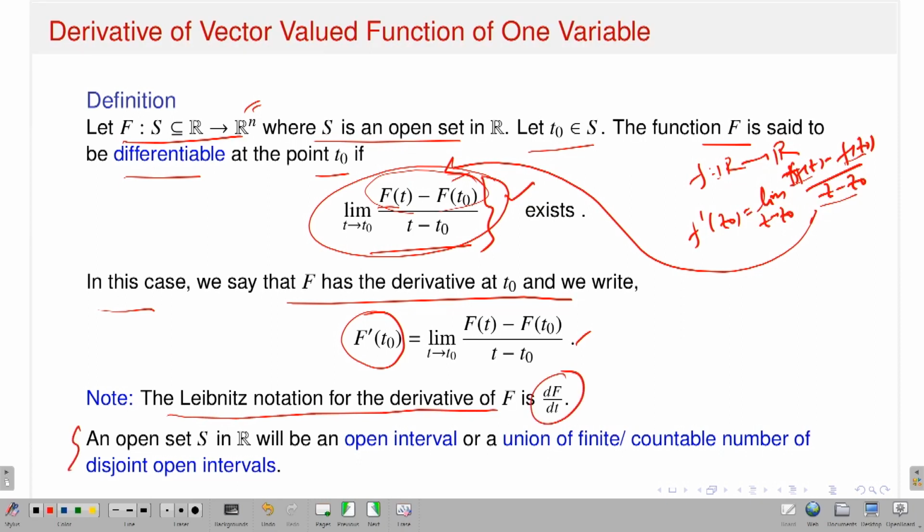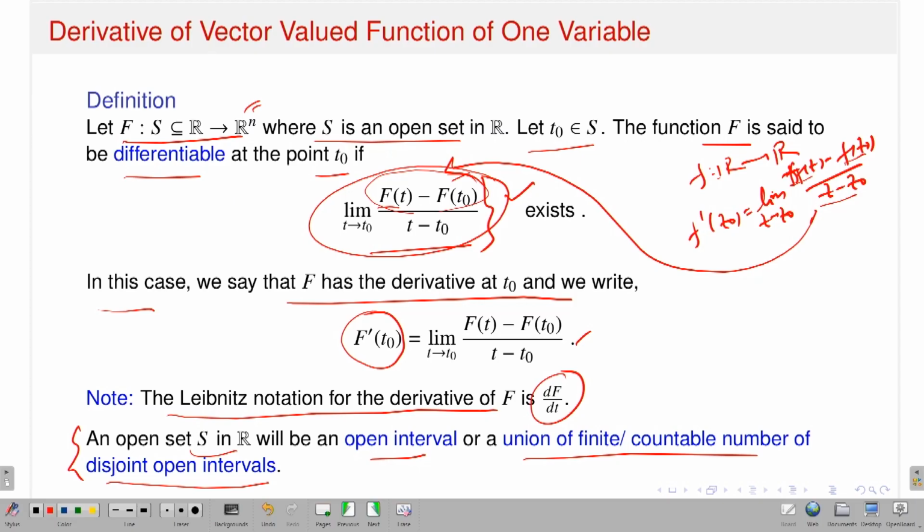I am just saying again that this is about open sets. I maybe already discussed it in my last couple of lectures, when I talked about open sets, because I started the definition with capital F from an open set. But you can start with an open interval as well. An open set S in R is an open interval or a union of finite or countably many disjoint open intervals.